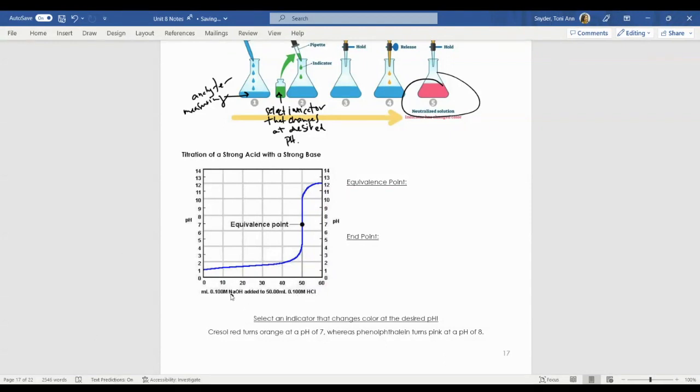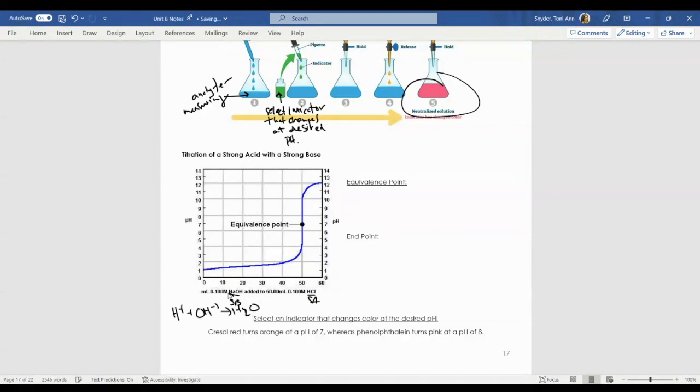So this, as we know, is a strong base, and this, as we know, is a strong acid. If we were to consider the net ionic equation for this, of course your sodium is a spectator and your chloride is a spectator, we have hydrogen ions react with hydroxide ions to produce water.